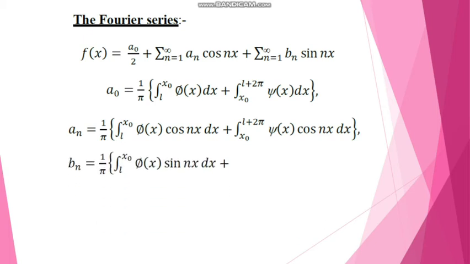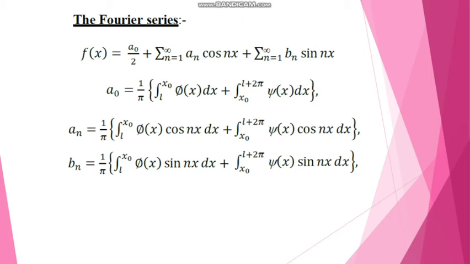Coming to b n, that is estimated by 1 upon pi integral L to x naught phi of x sin nx dx. The second definite integral will be integral x naught to L plus 2 pi, where the integrand is the second function defined over the interval x naught to L plus 2 pi and the coefficient of b n.